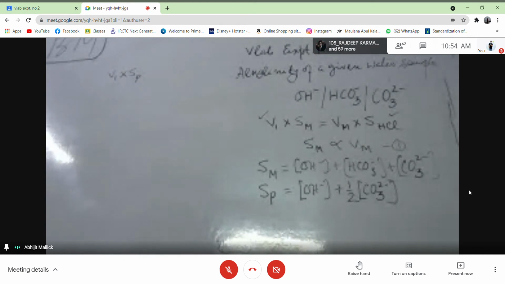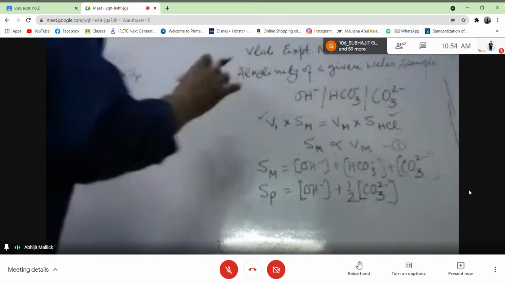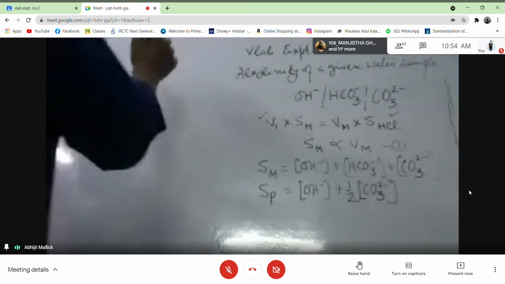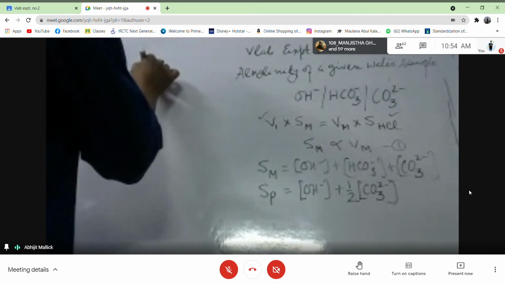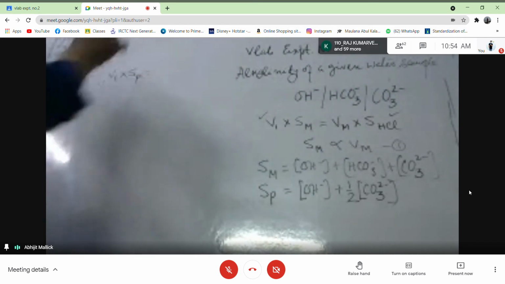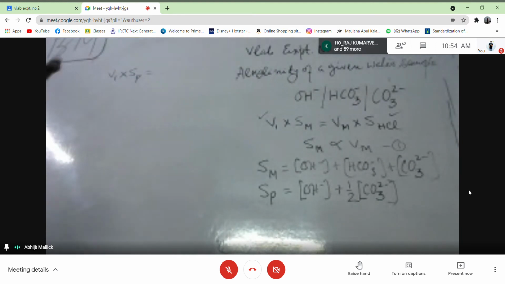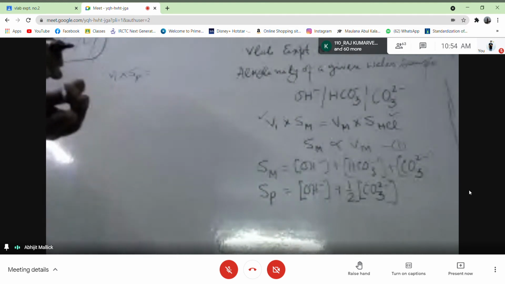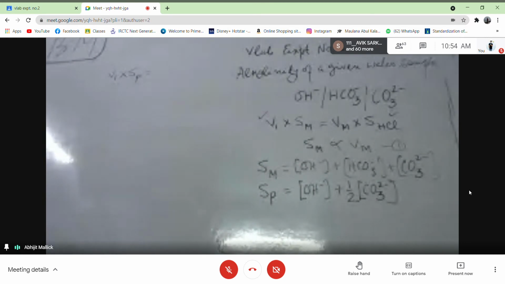V1 is as usual 10 ml, the water sample that is transferred to the conical flask, and phenolphthalein. When you add phenolphthalein, what will happen? It will be pink or red in color, and during titration the color vanishes.